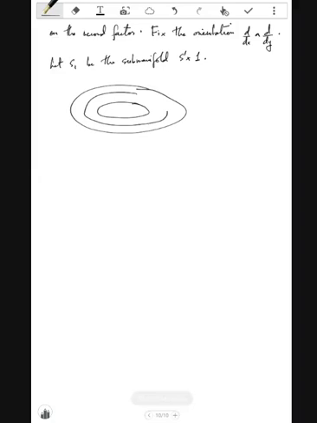Here's a torus. So this is S1. And we take S2 to be this circle.